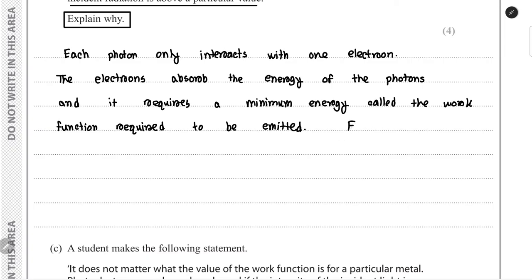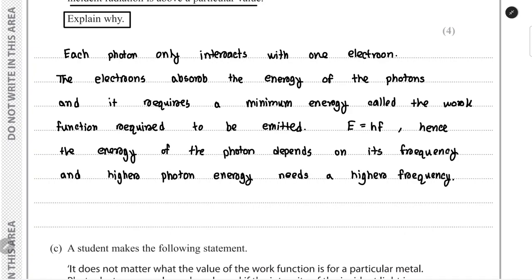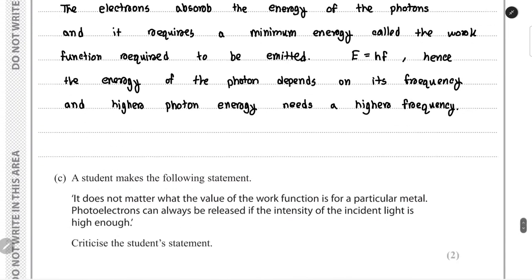So E equals hf, hence the energy of the photon depends on its frequency. And then we finish it off by talking about how to increase the photon energy we need to increase the frequency. So just touching on how E is proportional to the frequency. So increasing E will require an increase in f.